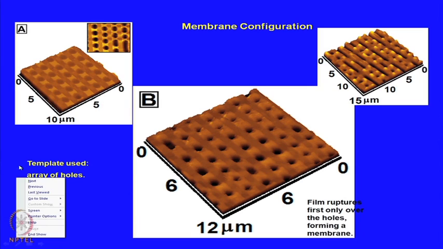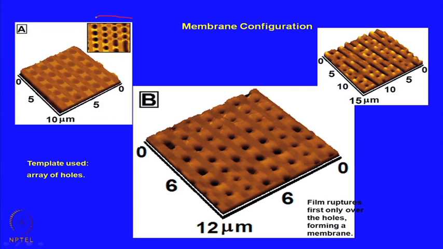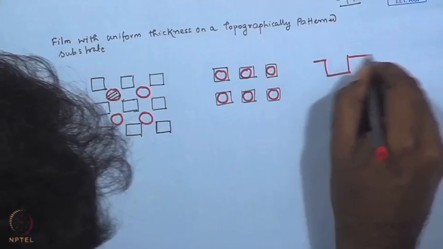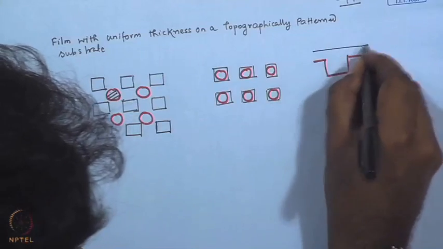So, you had a template like this, a holey template. So, you had a surface with holes and a film was floated on that. You can see through this AFM image that this is an intact film, which is floated on this particular templated zone. And if you now allow the film to dewet, it is more like a focal adhesion. So, what happens in a focal adhesion is, this is the film.